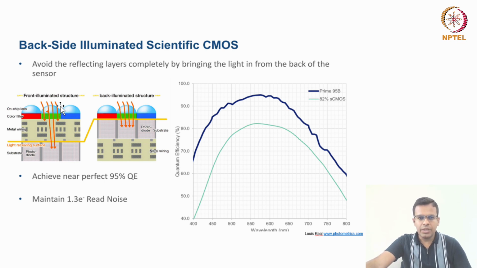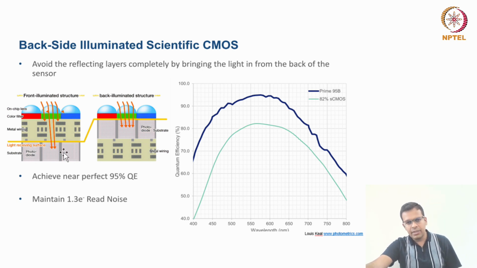So in front illuminated, you can see these are the lenses which collect light from the sample, and there is some wiring here which is known as the metal wiring. Okay, and this light has to pass through this metal wiring to reach the detector. These are photodiodes.